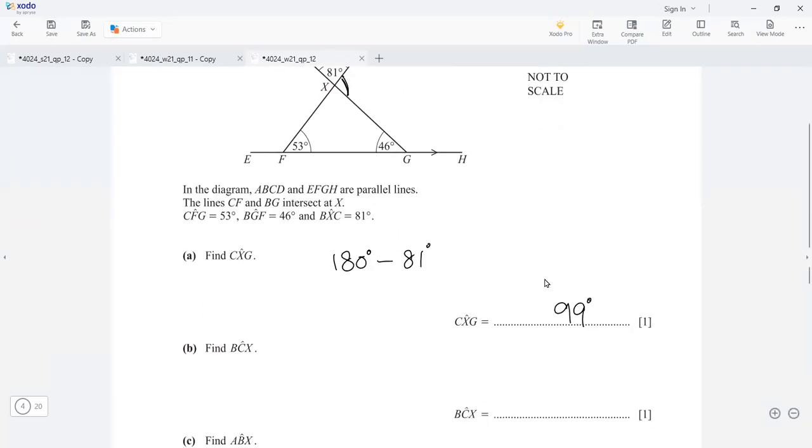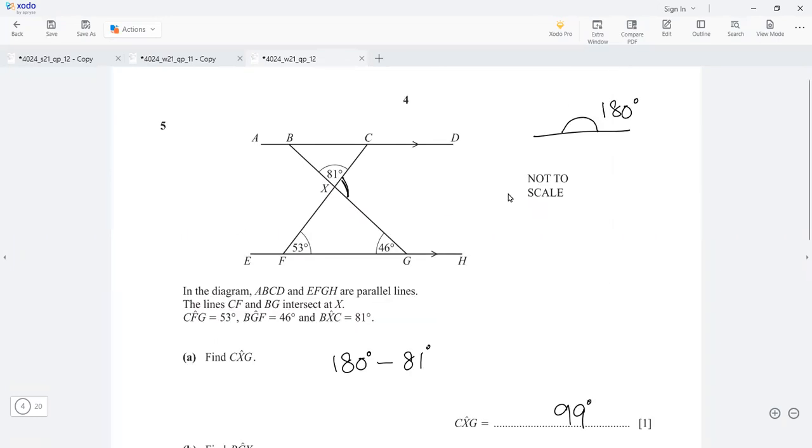So what about the next question? It is angle BCX. How can we find it? First of all, figure out what angle BCX is. It is this angle. Once you have two parallel lines and one line intersecting those two parallel lines, we have to remember angles like corresponding angles, alternate angles, and so on.